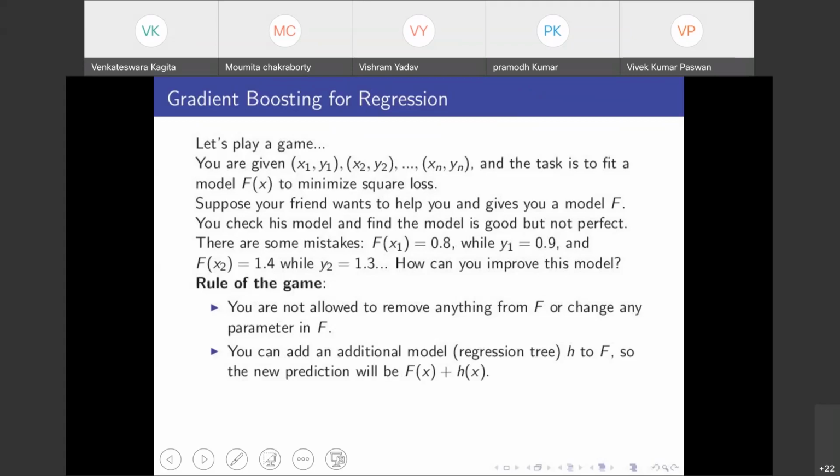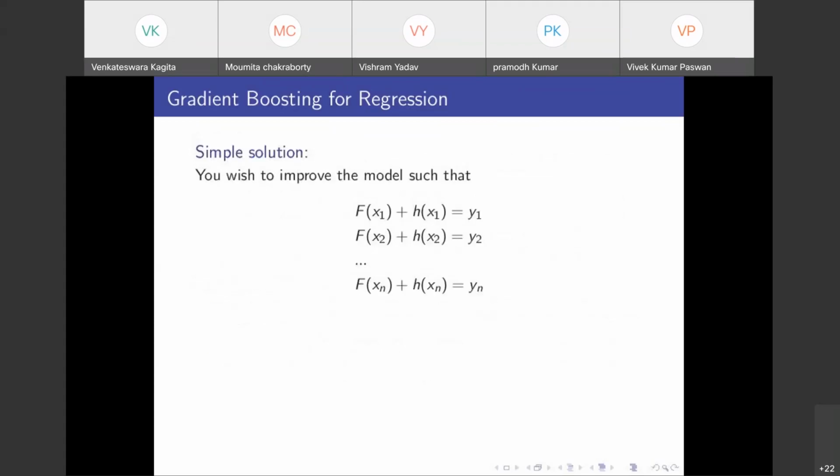You can add an additional model h to f so that the new prediction will be f of x plus h of x. In this, you're not changing anything in f. You're just adding an additional model to predict the parts where the existing model is failing.